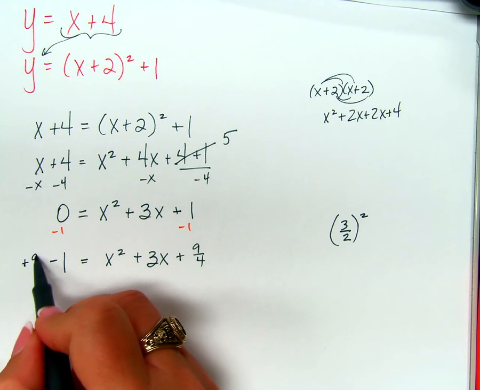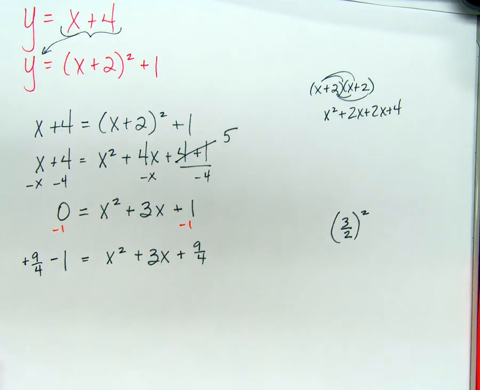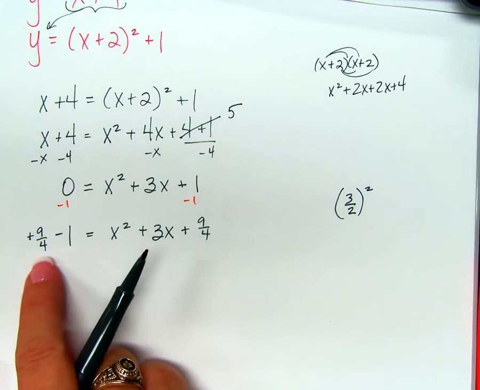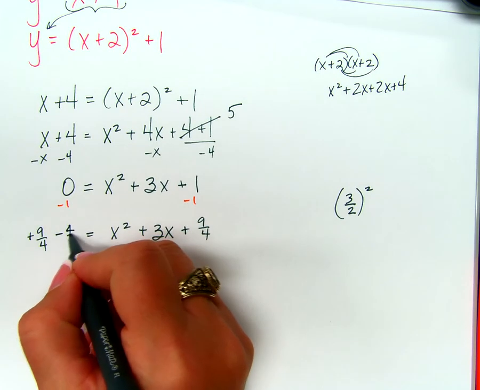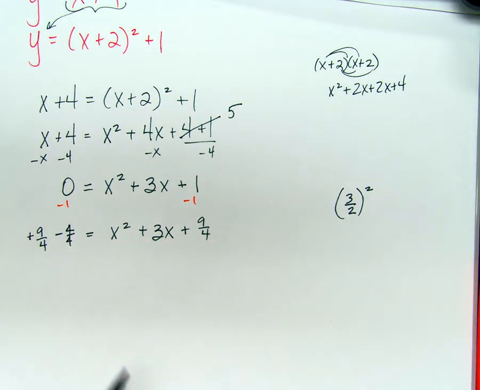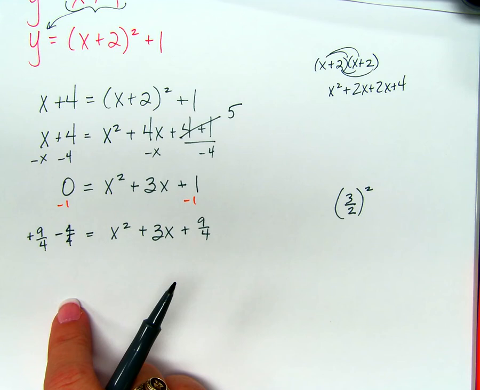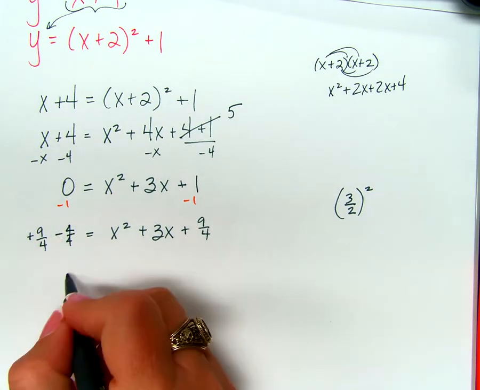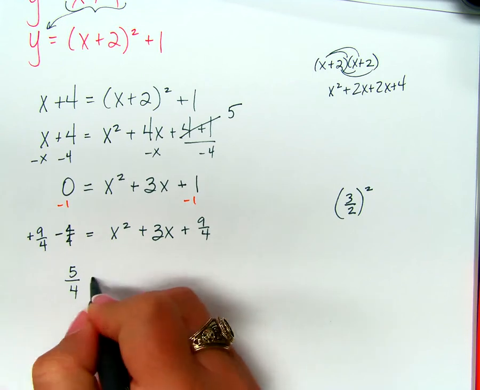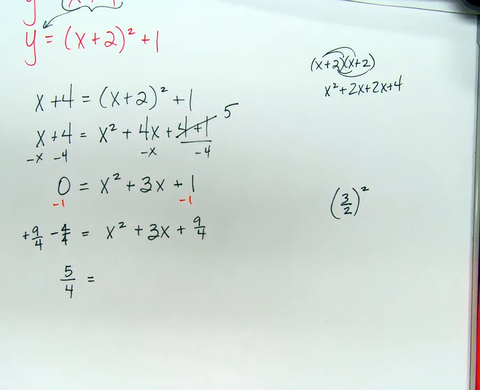So if I add 9 over 4 right here, add 9 over 4 over here, right? In order to add fractions, what do I need? Common denominator. Isn't this really 4 over 4? Oh, that was magic, wasn't it? Okay? Not really, it wasn't magic. 9 minus 4? So 5 over 4 equals what?